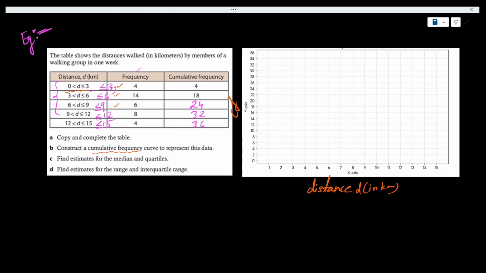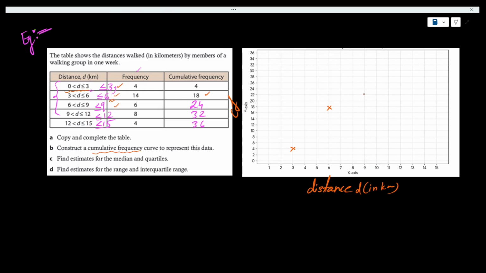So the first upper bound, it is 3. So for 3 kilometer, how many members are walking here? It is total 4. Then less than or equal to 6, that's the upper limit, and you are going to use 18 members because that's a cumulative frequency. So above 6 you will go for 18. Less than or equal to 9, if you are taking, there are 24 members.